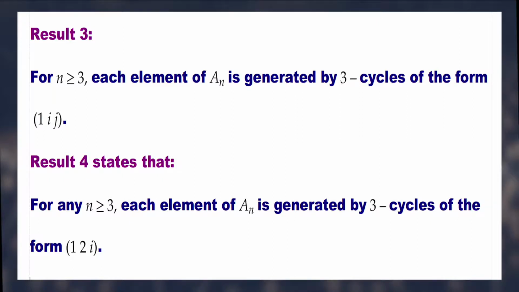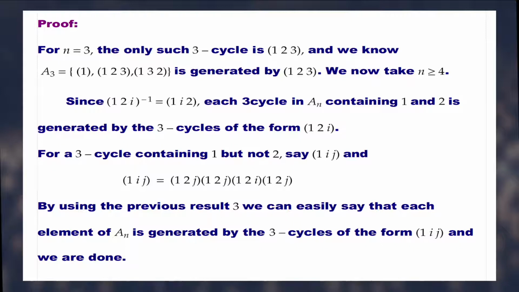Let us prove this. For n equal to 3, the only such 3-cycle is (1 2 3), and we know A_3 is equal to the set {(1), (1 2 3), (1 3 2)}, which is generated by (1 2 3).